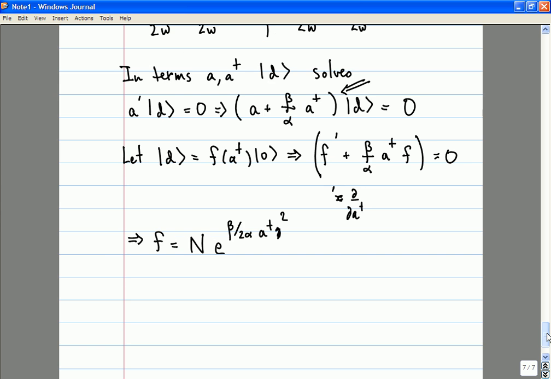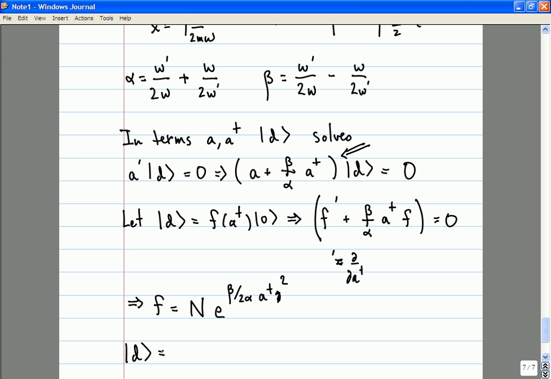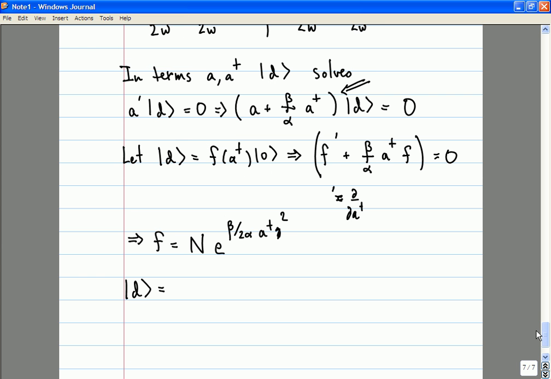So the squeeze state in the simple harmonic oscillator basis with frequency omega is some normalization constant times e to the beta over 2 alpha a dagger squared acting on the ground state, or in terms of these number operator eigenstates, the sum over n of beta over 2 alpha to the n times 1 over the square root of 2n factorial.